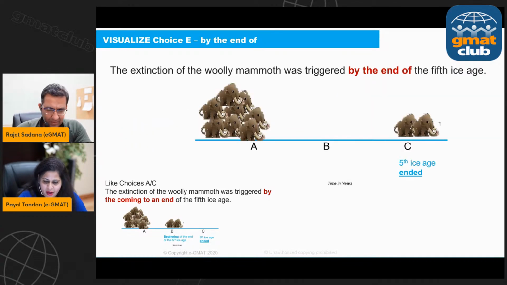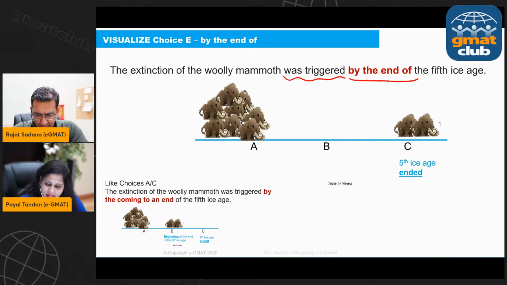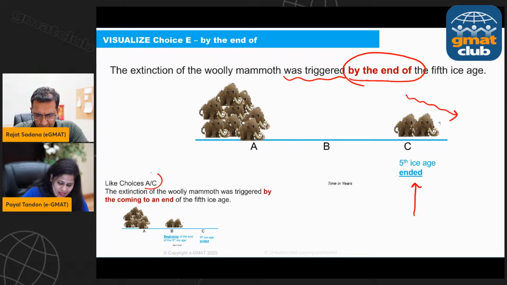Okay. So choice E is saying the extinction was triggered by the end of the fifth ice age. What that means is that when the fifth ice age ended, that's when the transition period started. So if you look at choices A and C, what they are saying is that in terms of the timeline, the extinction happened at the start of the end of the ice age, right? When that period started, let's say that was a 100-year period, that's when the extinction of the woolly mammoth started.